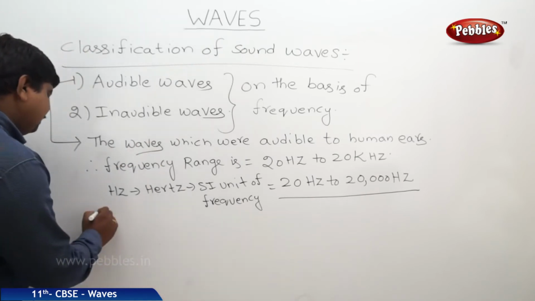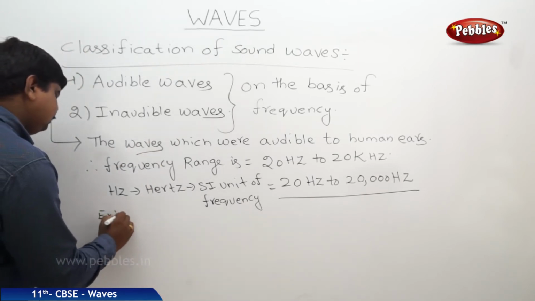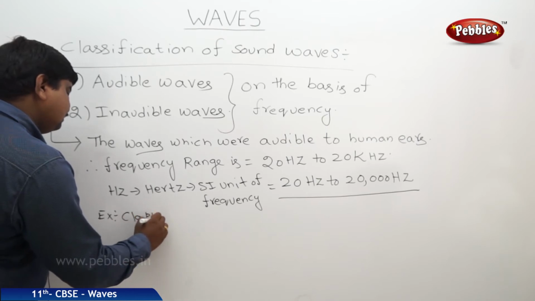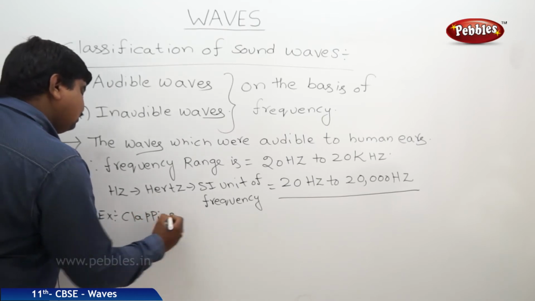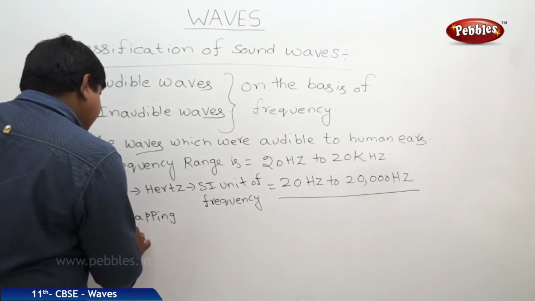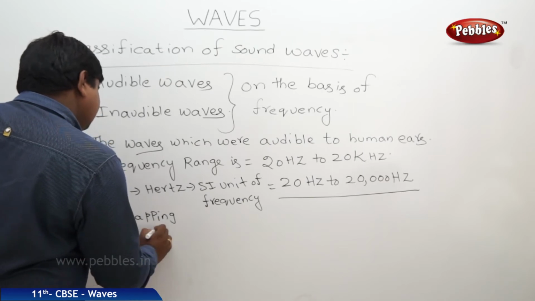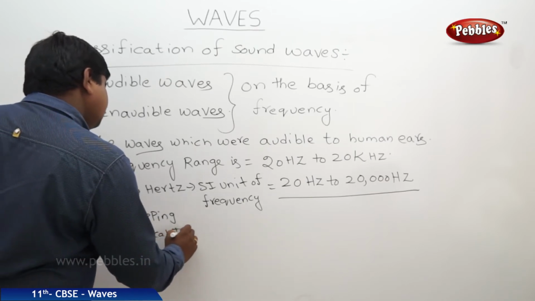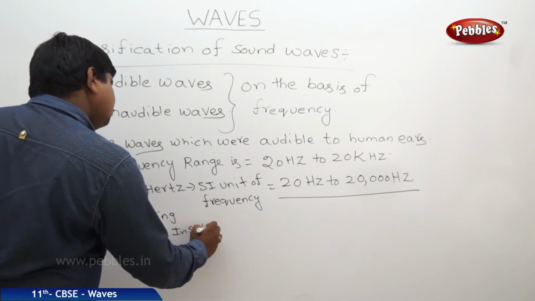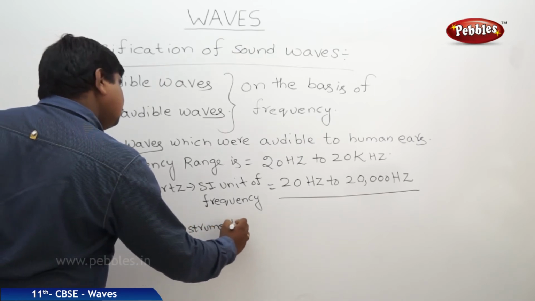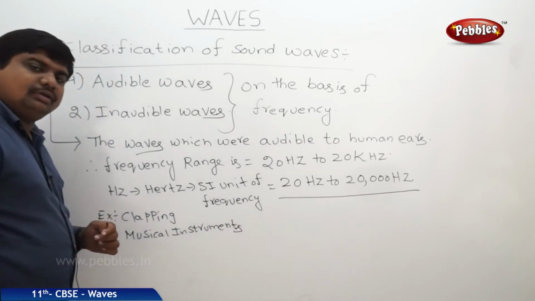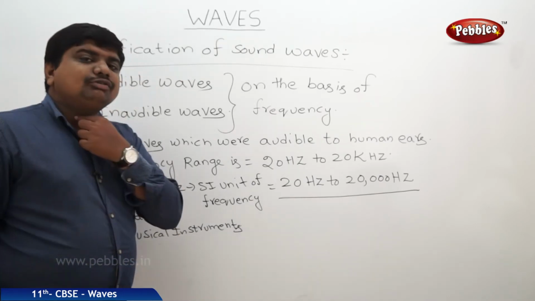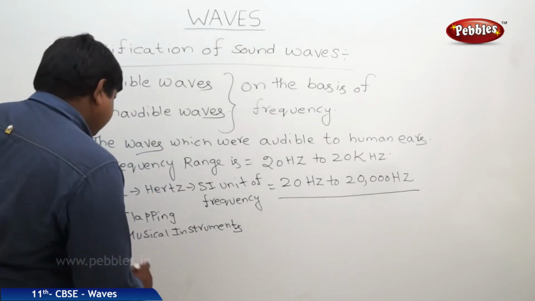What are the examples? Clapping, the sound of clapping, musical instruments, next the sounds which are produced by our vocal cords.